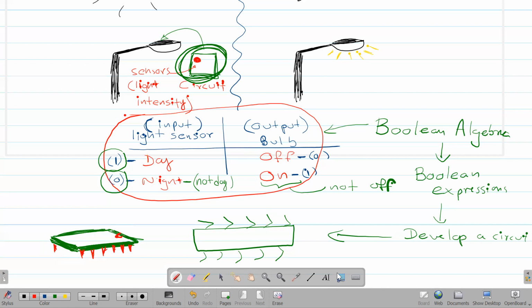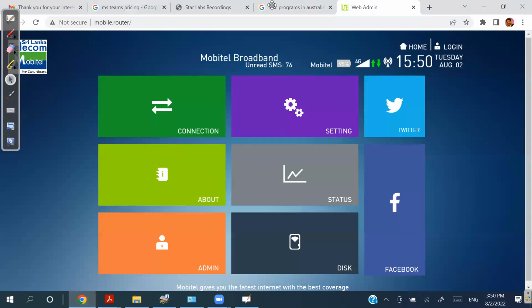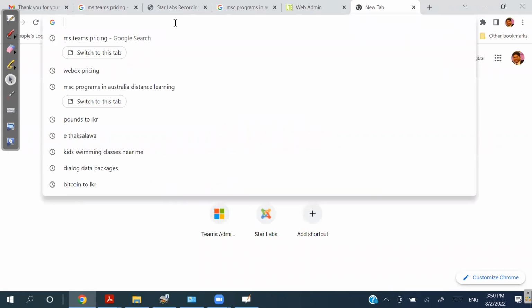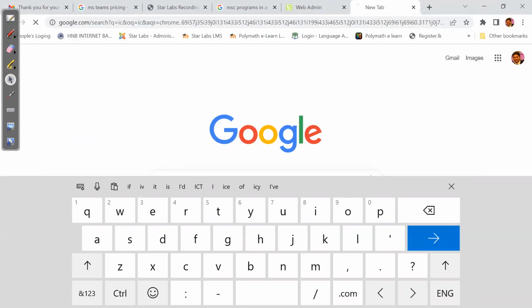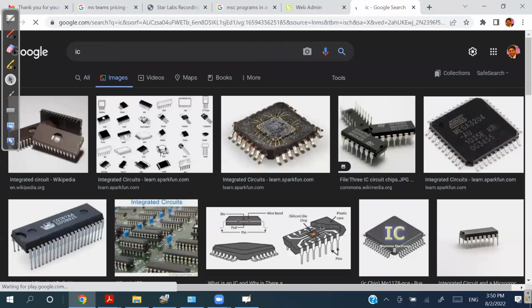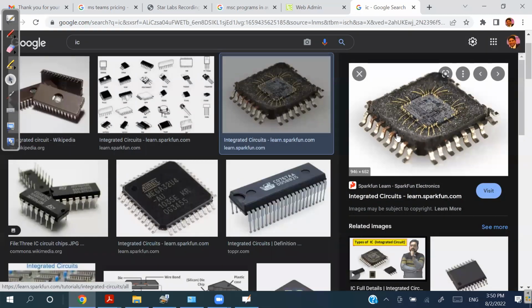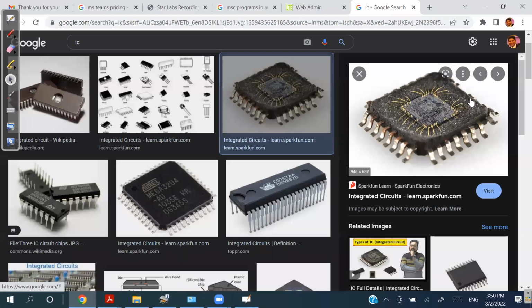right? If I show you an actual picture of the ICs, let me check. Yeah, there you go. So this is a particular kind of IC, integrated circuit, right? There are different types. And this shows what happens inside.